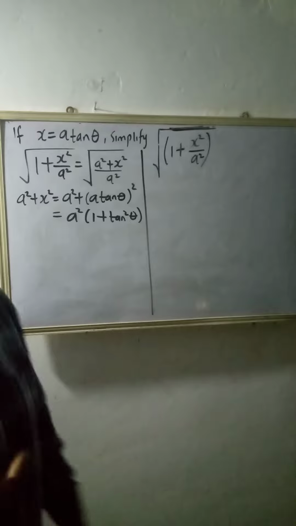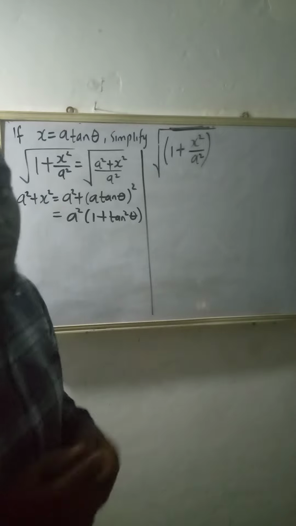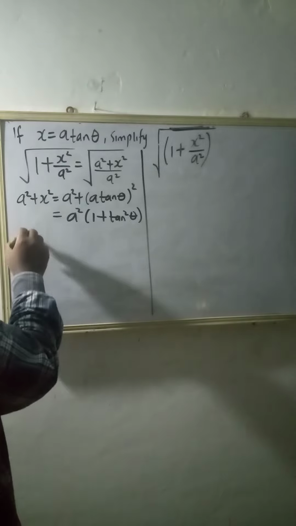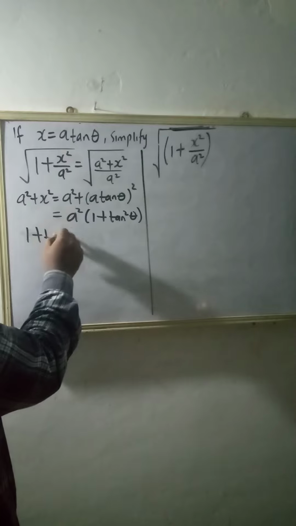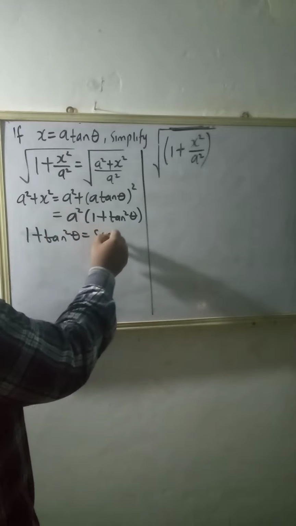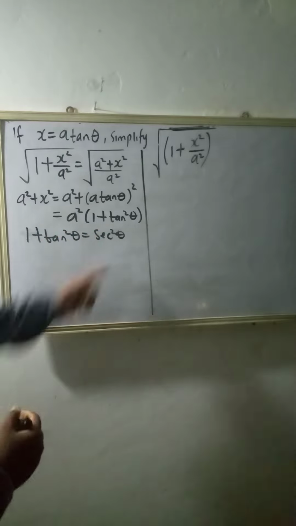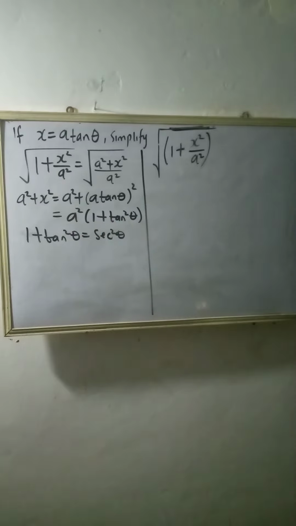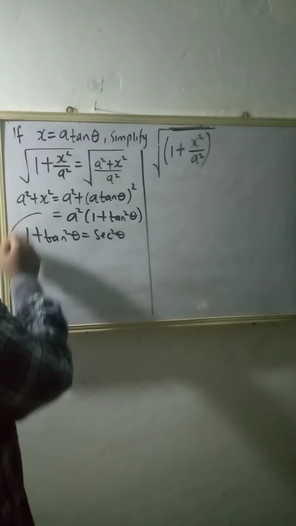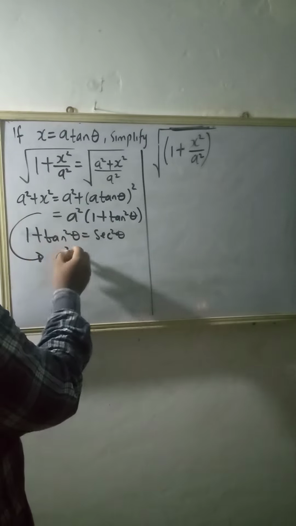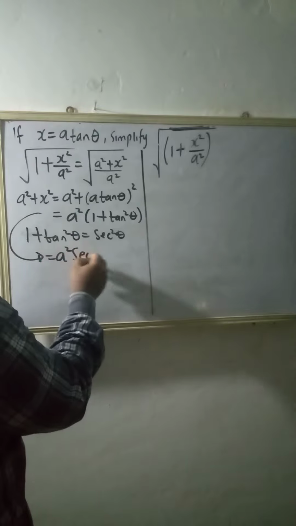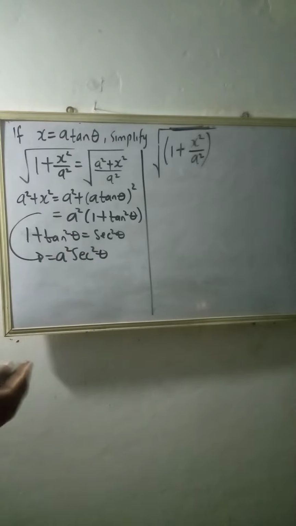I remember from my trigonometric identities that 1 plus tan squared theta is always sec squared theta. So this now becomes a squared sec squared theta.